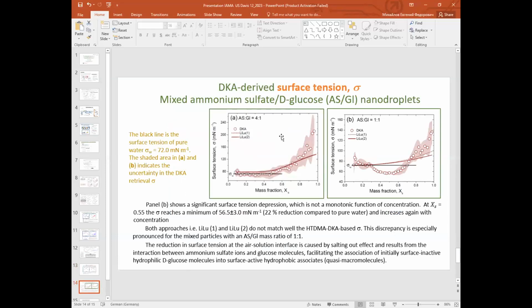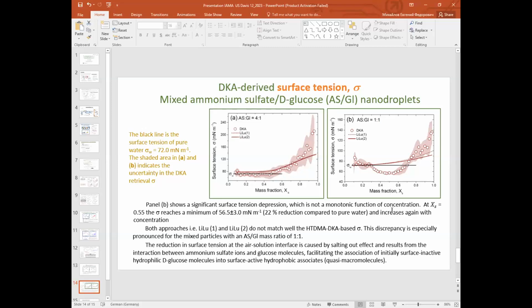And a very interesting result: when we have a mixture, the surface tension is a little bit different from the ideal model. Especially, we can see that for ammonium sulfate and glucose with a 1:1 ratio, the initially surface inactive compound becomes surface active at high mass fraction.